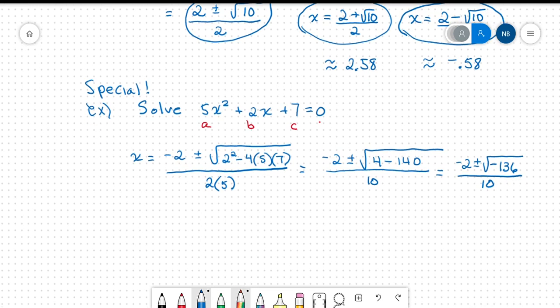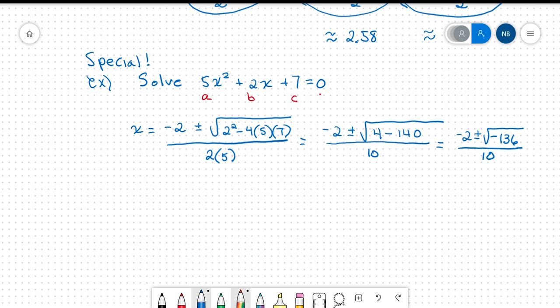The radicand, negative 136, is negative. So its square root is not a real number. So the square root of negative 136 is non-real. And this creates a problem. So this basically means this particular equation doesn't have any real solutions.